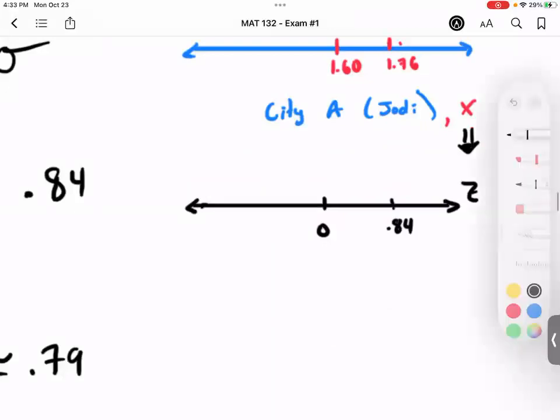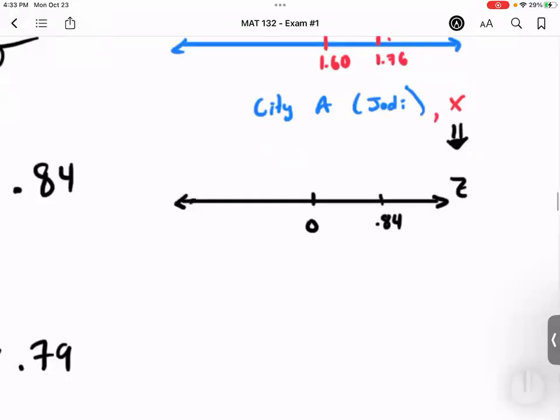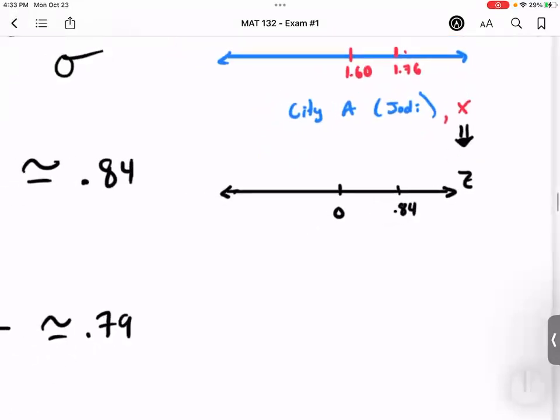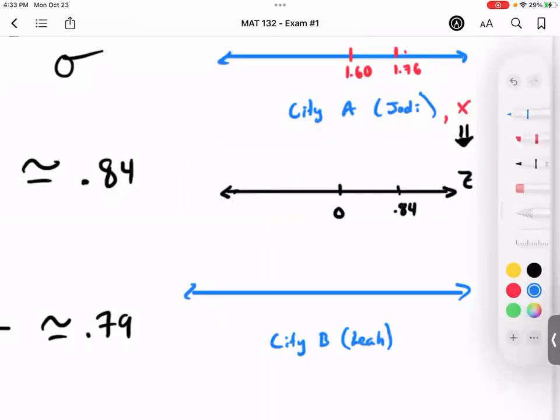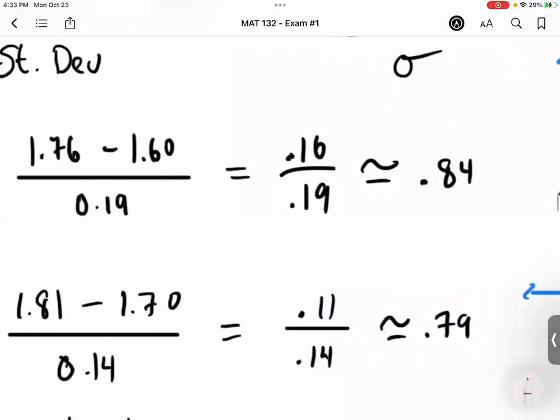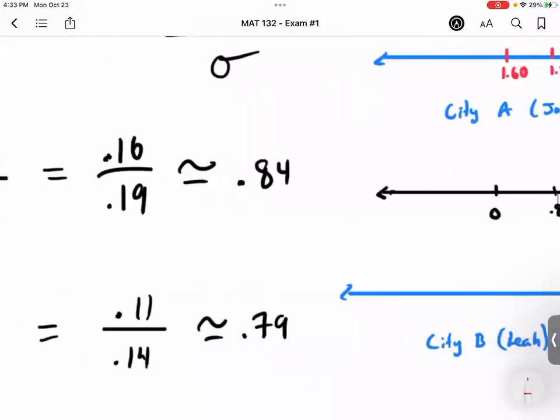Now with Leah, sorry, I'm going to zoom back out a little bit. So for Leah, we'll call this city B. What was the average height in the second city? No, 1.81 is actually Leah's height. 1.70 is the city's average.